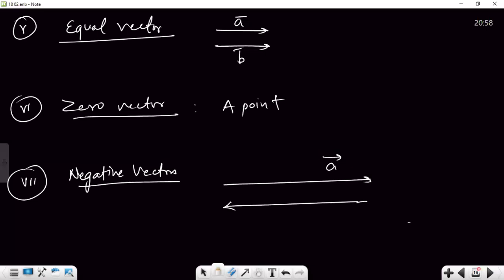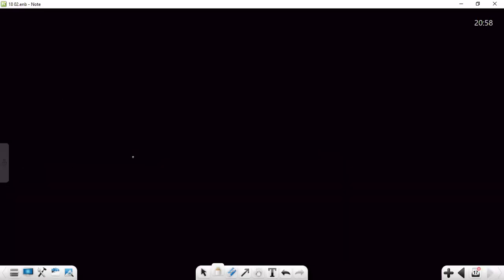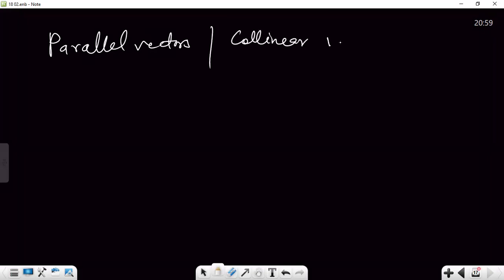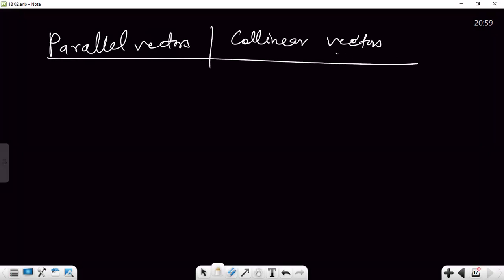Okay. So when we talk about parallel vectors, they are also known as collinear vectors here. Actually, those vectors having the same direction.